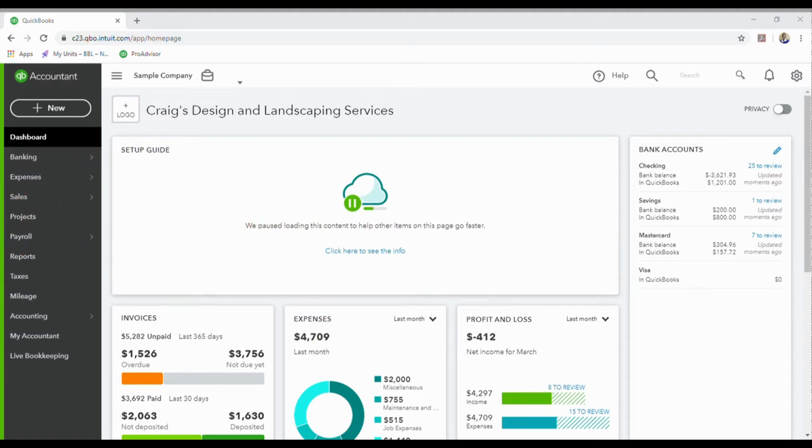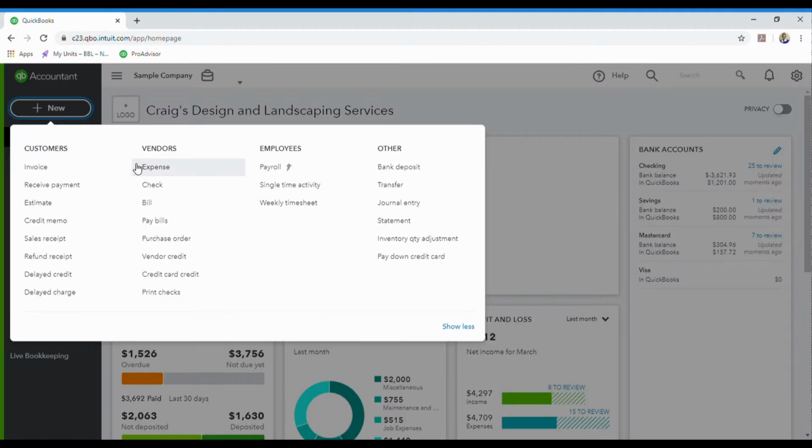On to business. So a bill and an expense. We're going to go over to my favorite button, the new button, and this is the first way, as you can remember, where you go and you either create a bill or an expense, and I'm going to explain it to you in here.